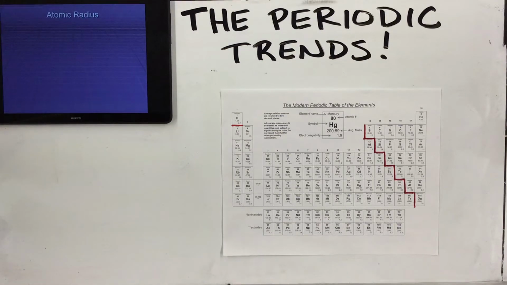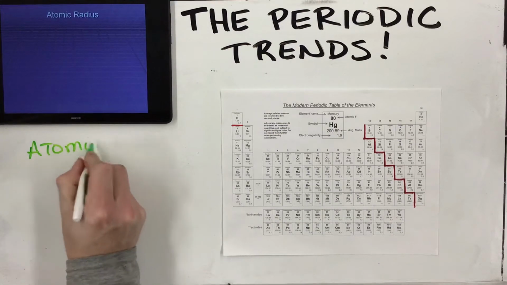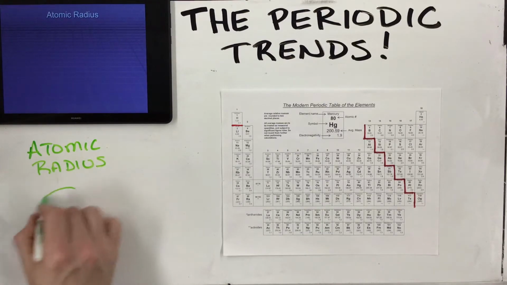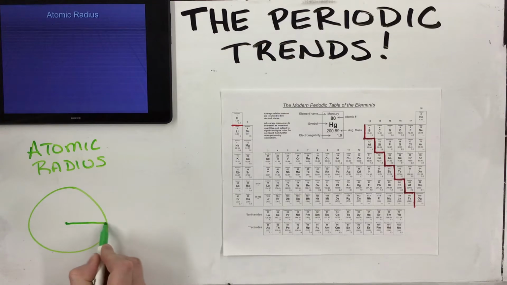Now, if I have a circle, you remember from math class, the radius of a circle is the distance from the dead center of the circle, if this was an atom where the nucleus would be, to the outer perimeter.